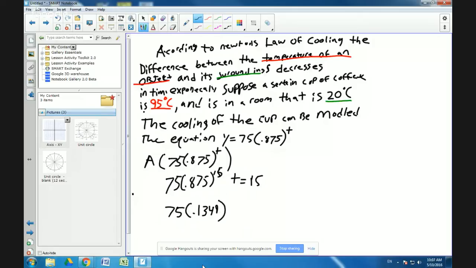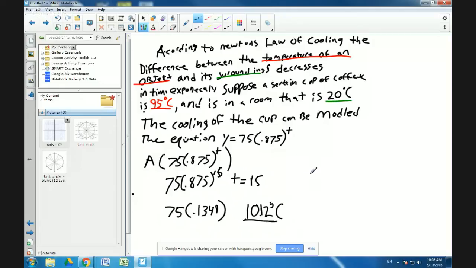Now 75 times 0.134, and finishing up the equation and multiplying these together, we'll get 10.12. So the difference of the coffee after 15 minutes is going to be 10.12 degrees Celsius.